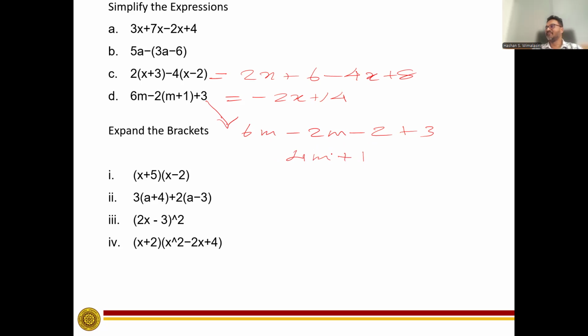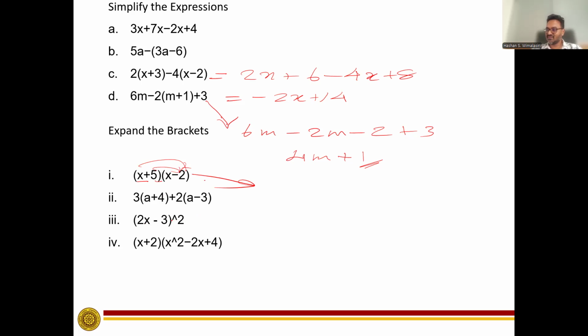Yeah, right. Check whether this is okay. So when we are expanding the brackets in here, the second one, you have to multiply this expression by this one and this expression by this one separately, right? Do it the same way.